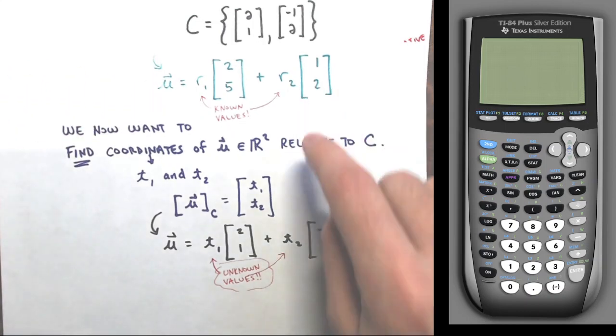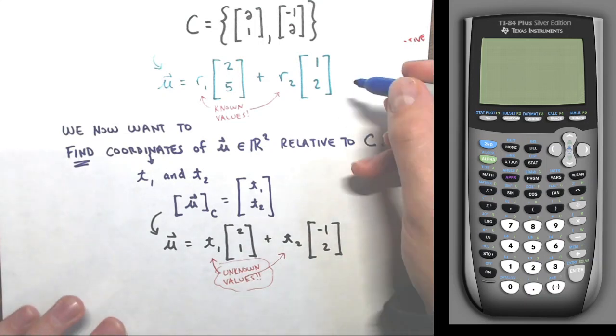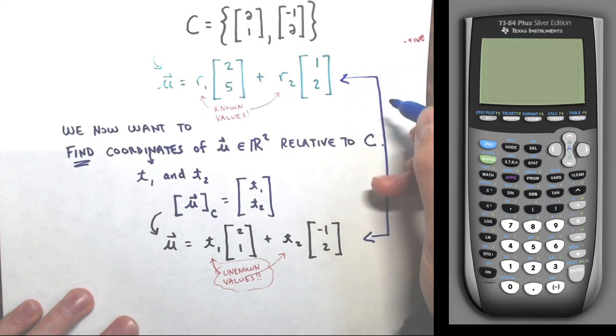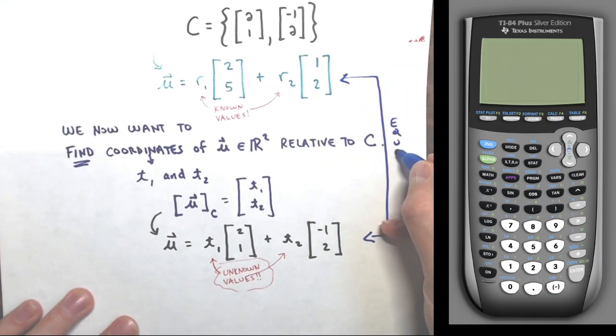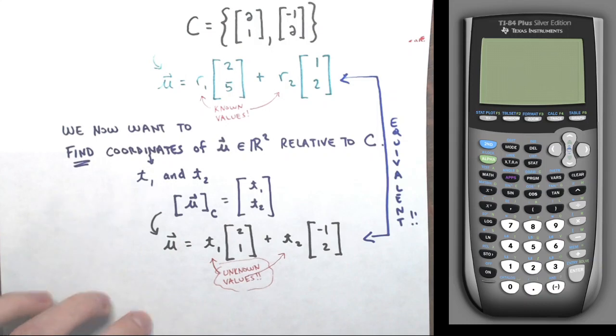So these are actually equivalent, or they should be. I can set them equal to each other, since they both represent the same thing. So this here and this here are equivalent.